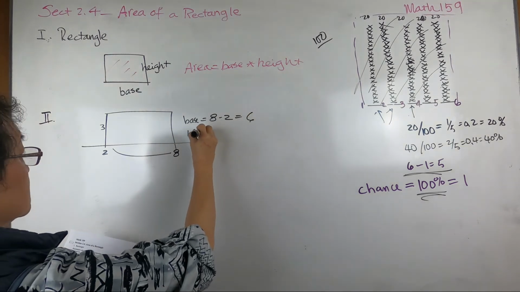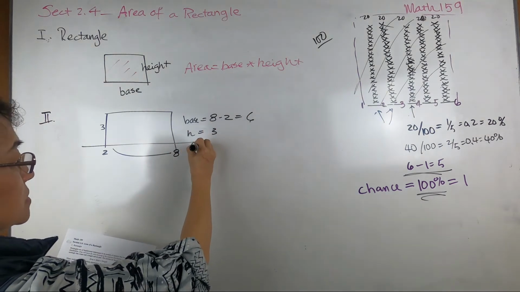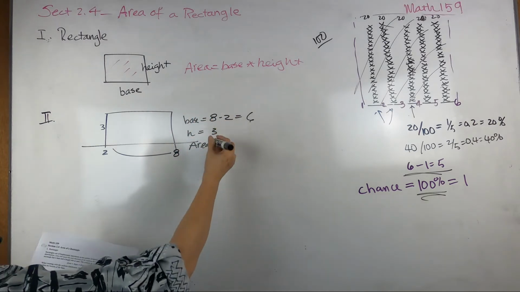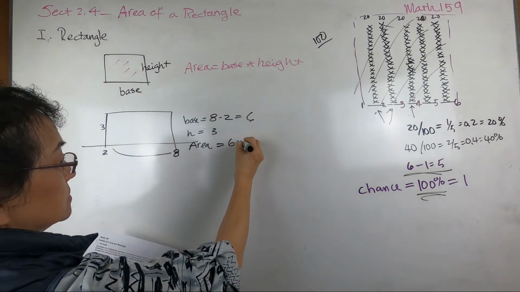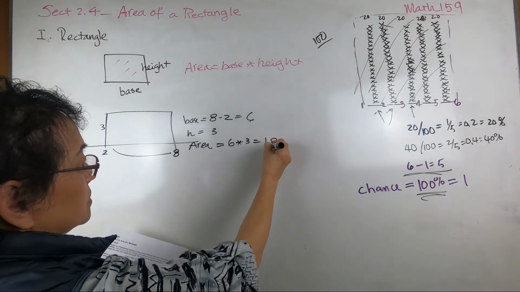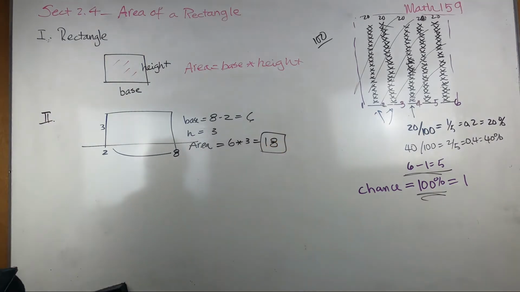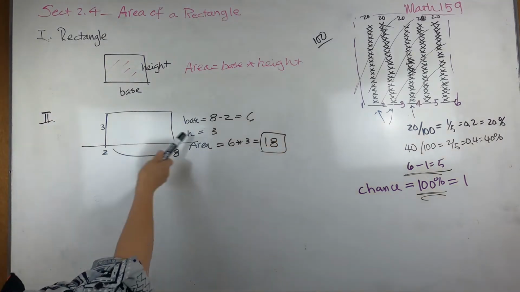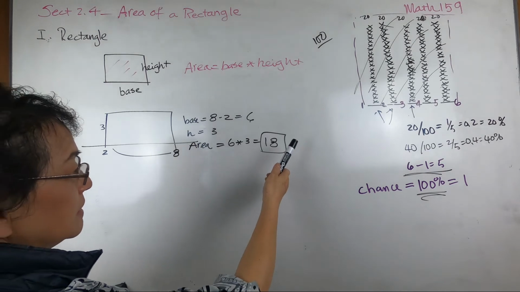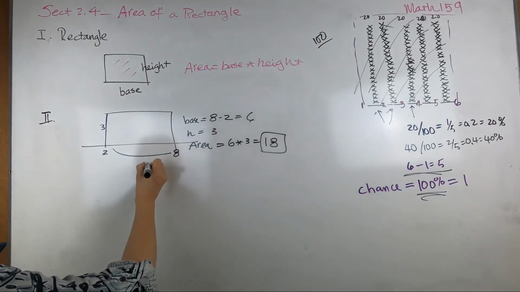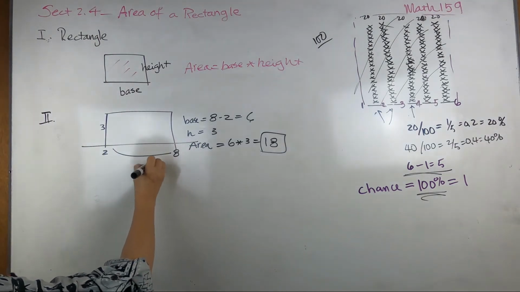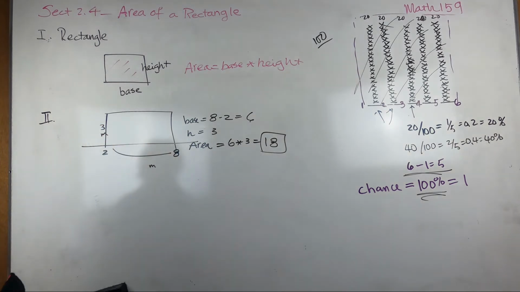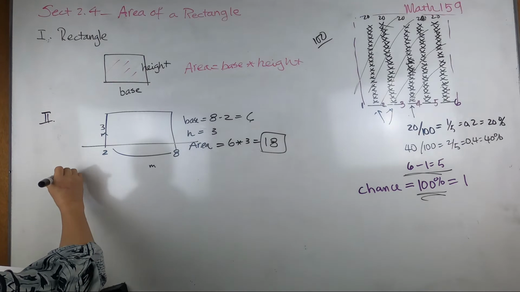Your height will be 3. So what's your area? Base times height, that's 18. If each side is a foot, then it would be 18 square feet. If each side is a meter, then that would be 18 square meters, right?